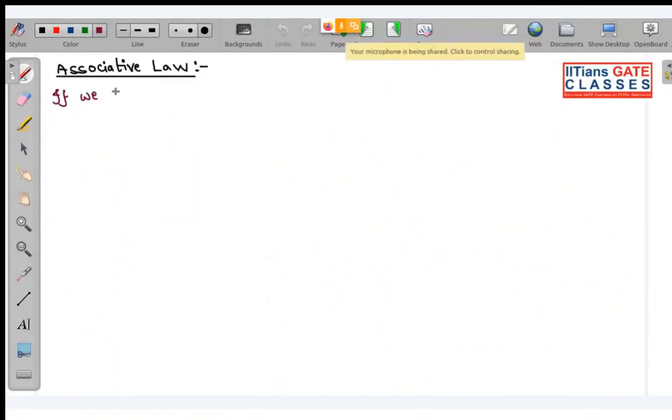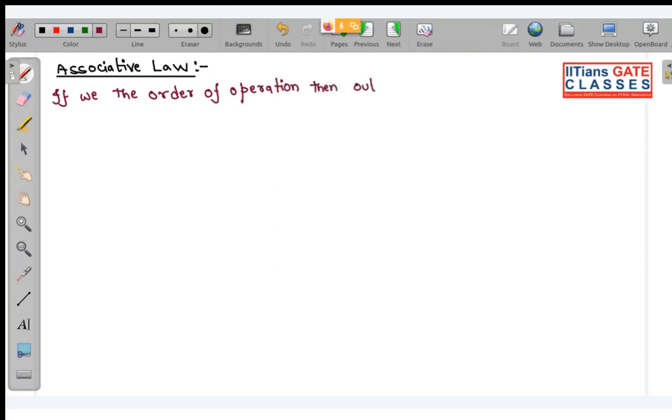Okay, fine. So in language, what we should write? If we interchange the order of operation, then output, if it does not change, then it is associative. Like what?